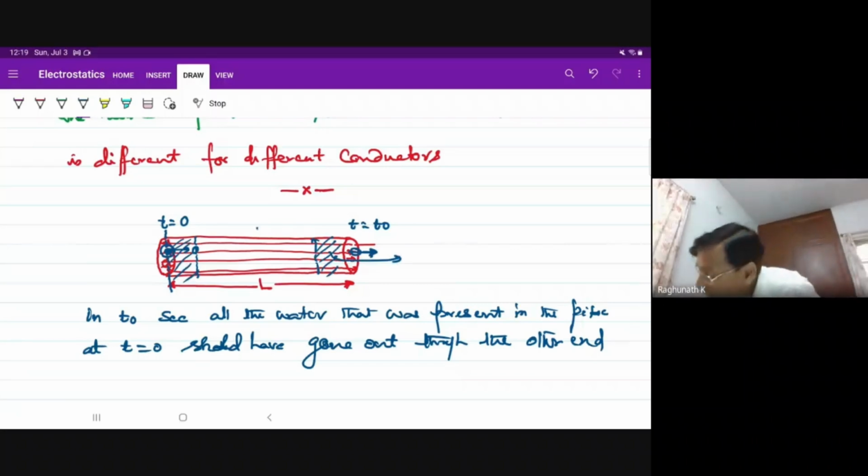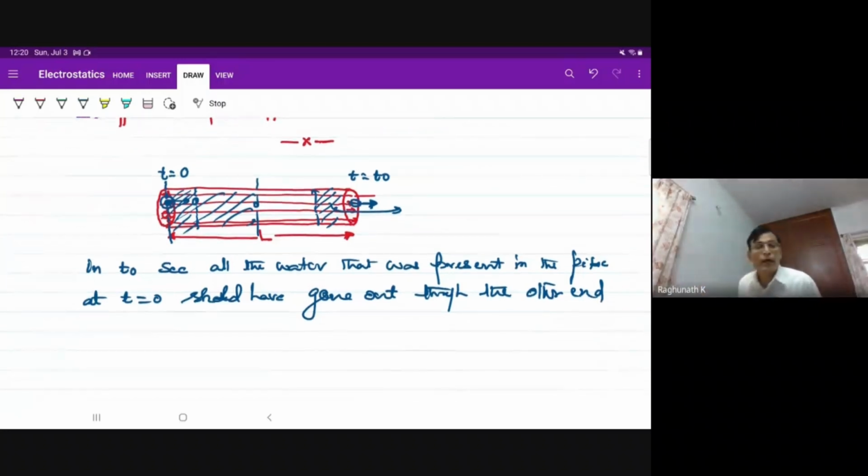When it is there at the center, half of the water to the left is actually new. Half of the water that was there at t is equal to 0 would have left the other end out and gone out. And now I think you understand that should have gone out through the other end, and so much of water only should have come into the pipe.